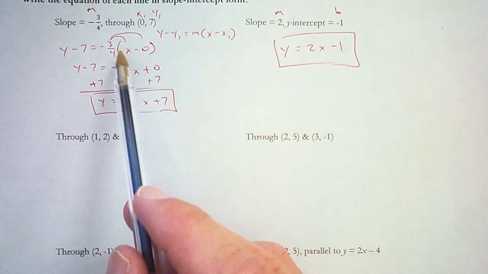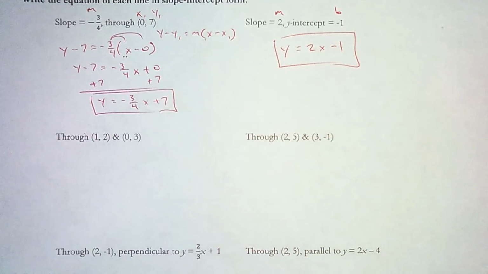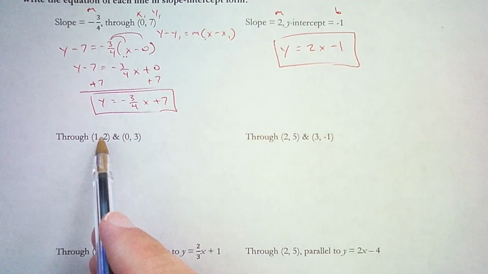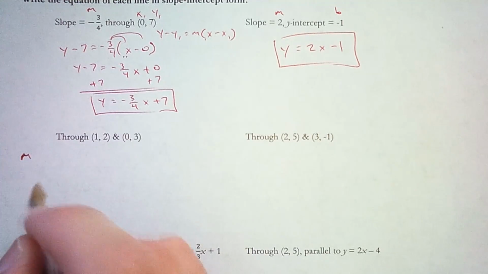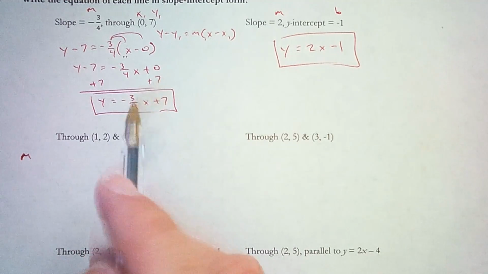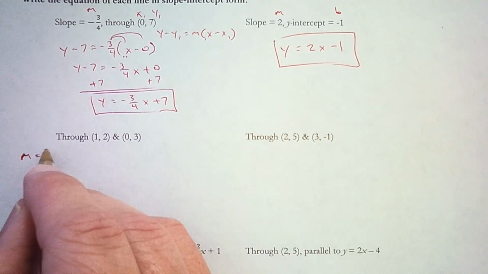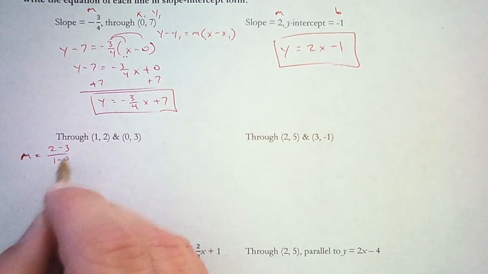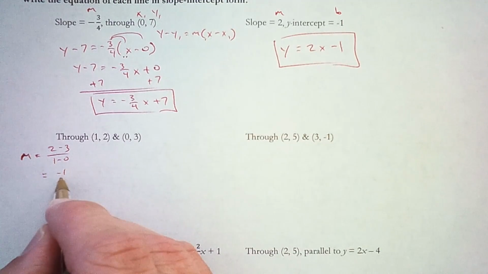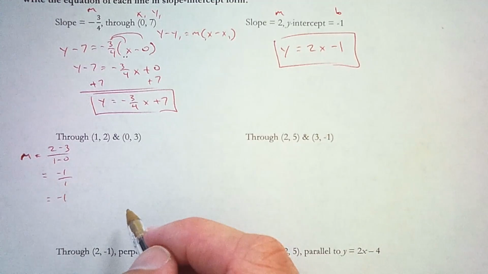Here we're going to be more like we were in this one up here. We're going to use point-slope form and then write in slope-intercept form, but I don't have the slope this time, so I need to find the slope. So we're going to put everything we've done so far together here. The slope is 2 minus 3, y minus y, over x minus x, 1 minus 0. So that's negative 1 over 1, so the slope is negative 1.